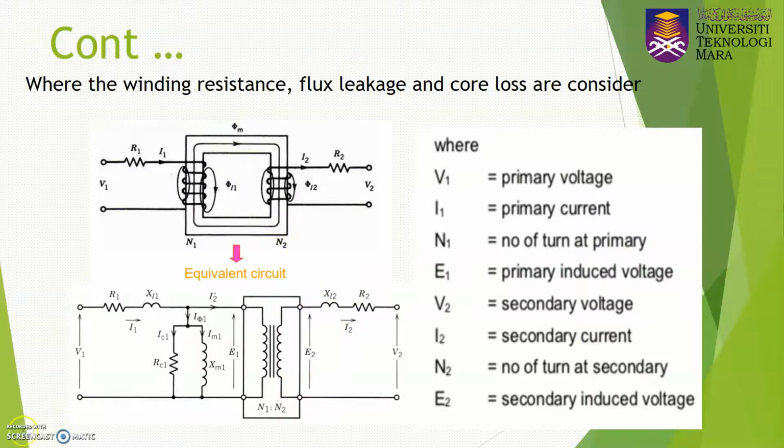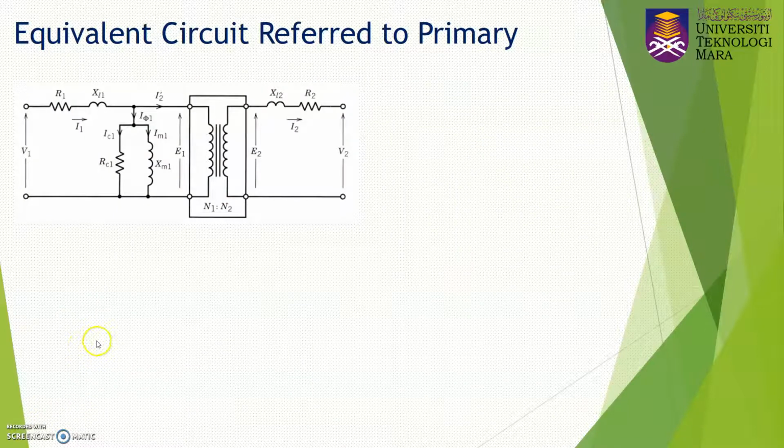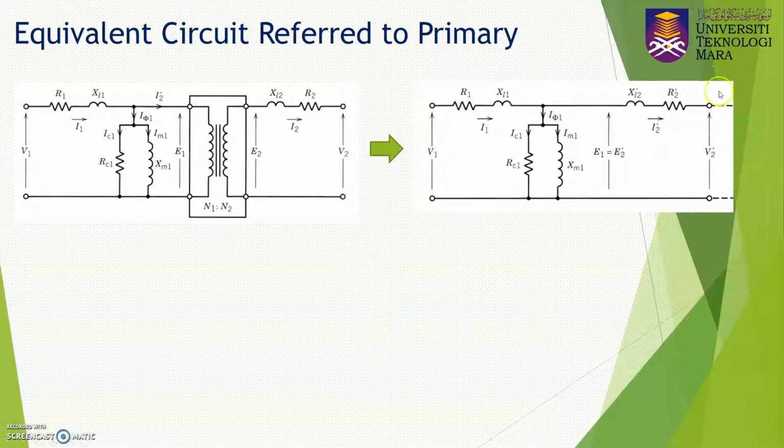And then for the impedance transfer, when you transfer your circuit from the secondary to the primary, here referred to the primary, this is the equivalent circuit. You don't have the transformer winding anymore.